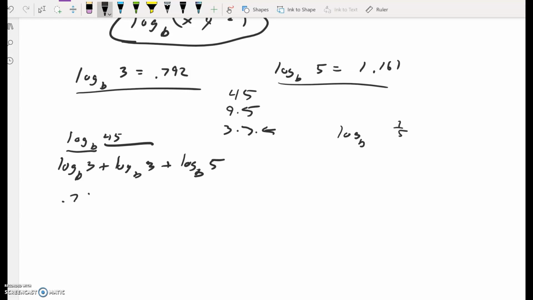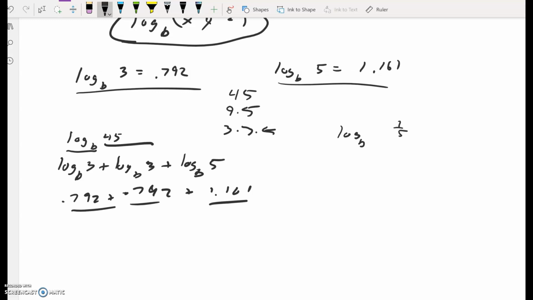And this is 0.792, and this is 0.792, and this is 1.161, and you add up these three numbers, and you get the answer. That's the logarithm base b of 45.